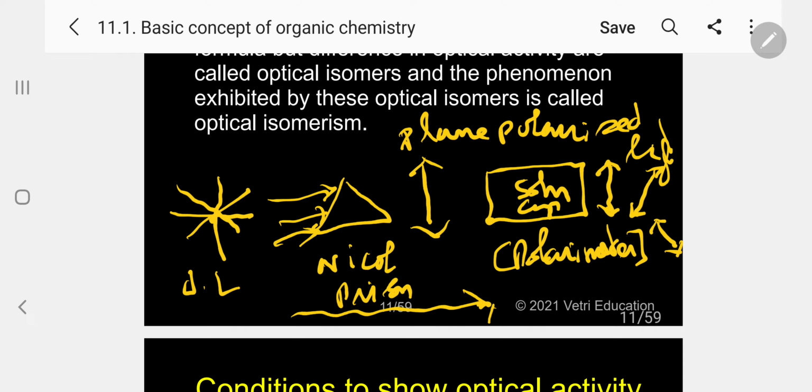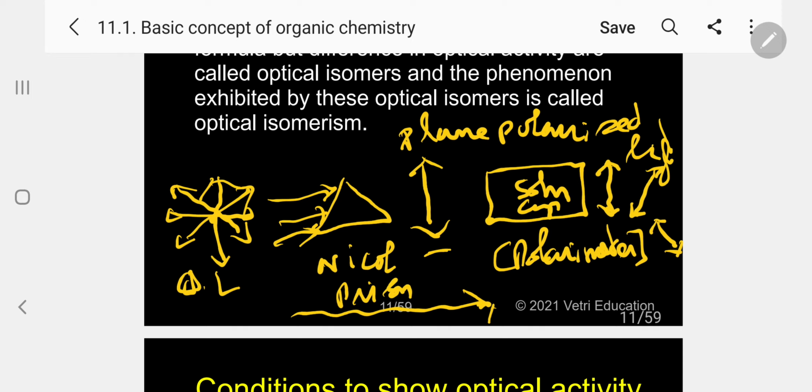Please follow. I am passing ordinary light, which vibrates in all directions. When I pass it through the Nicol prism, it cuts off all directions except one, which is perpendicular to the line of propagation. This light I call plane polarized light. When this is passed through a solution of our compound to measure optical activity, a polarimeter is the instrument used.